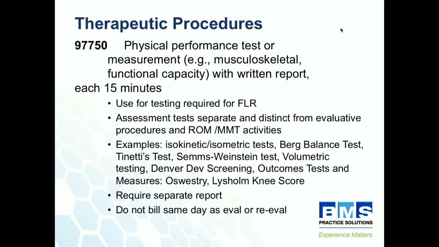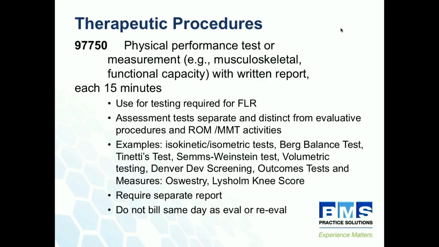Assessment tests are separate and distinctive from evaluative procedures and from the range of motion test and measurement codes. Examples of these would be computerized testing, like the Biodex or the B100.